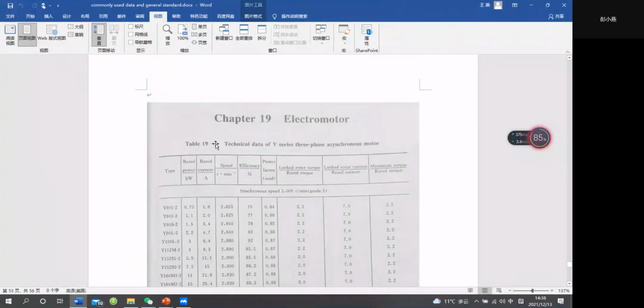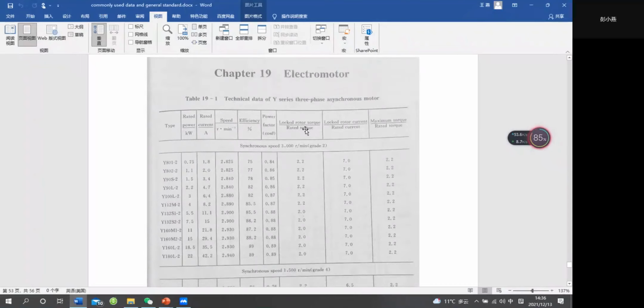This is the table 19-1, for the Y series 3-phase motor.